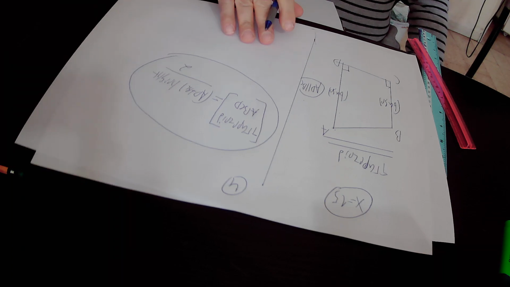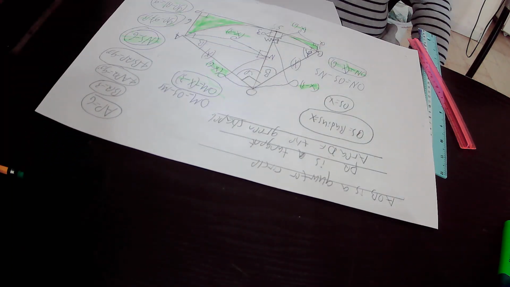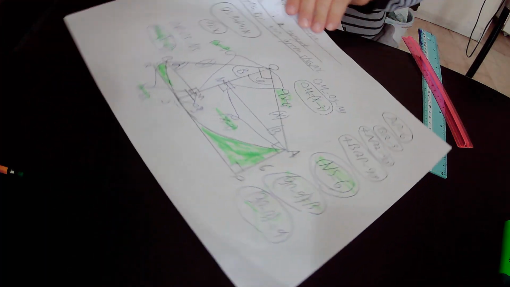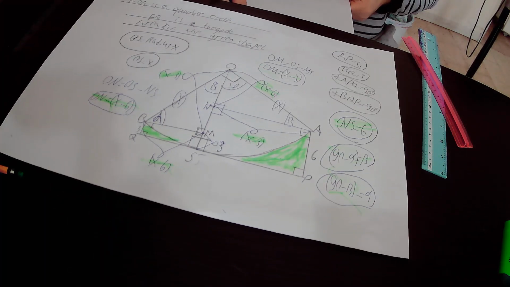Okay, so what is the area of this ring shape, the area of the green shape?